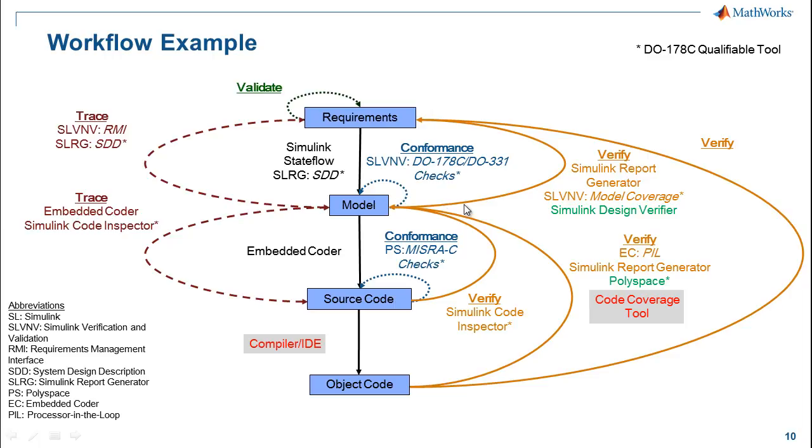Now, recall earlier that I said ideally what we want to be able to do is actually get 100% model coverage based on our requirements-based tests, right? Our high-level requirements-based tests. If we can accomplish that, then we can use those test cases and this verification of the code against the low-level requirements actually becomes the same activity as verification of the code against the high-level requirements, because it's the same test cases that we're using in both of these.